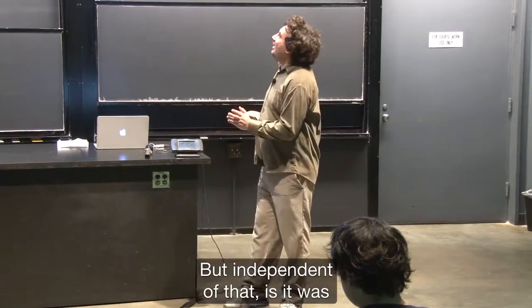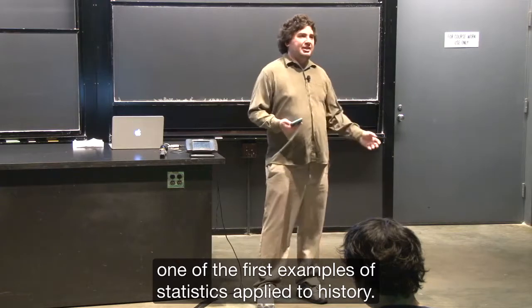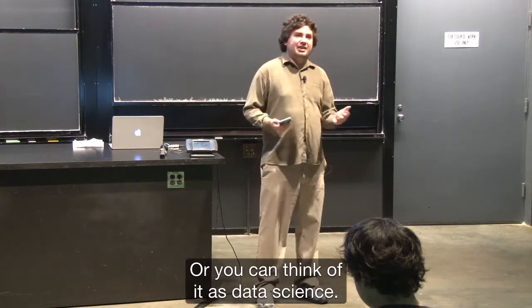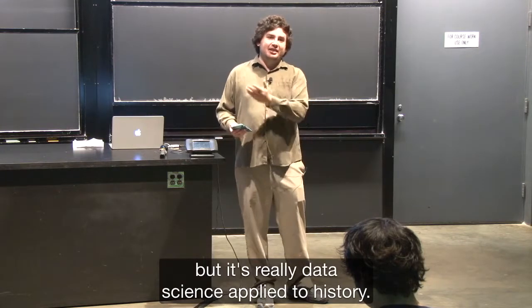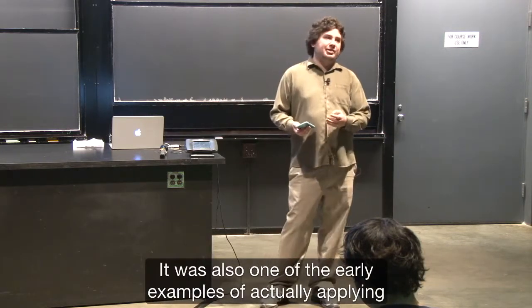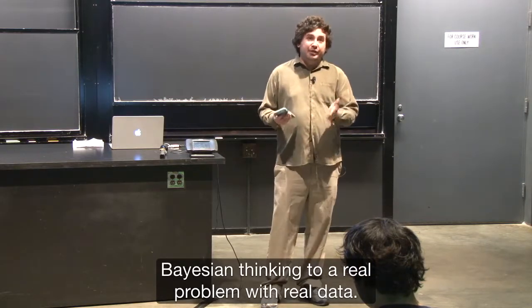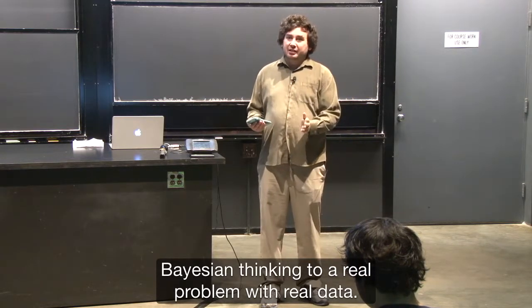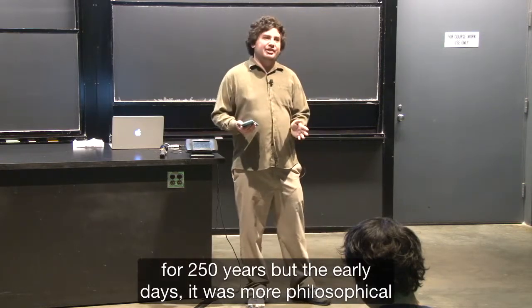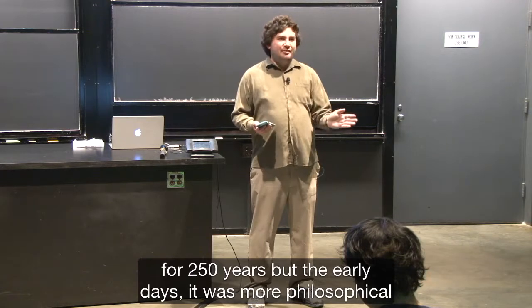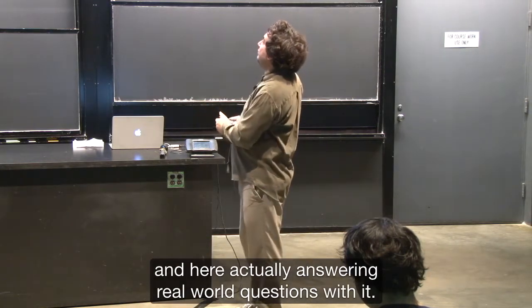But independent of that, it was one of the first examples of statistics applied to history, or we could think of it as data science. They didn't call it data science then, but it's really data science applied to history. It was also one of the early examples of actually applying Bayesian thinking to a real problem with real data. Some Bayesian stuff has been around for 250 years, but in the early days it was more philosophical, and here they were actually answering real-world questions with it.